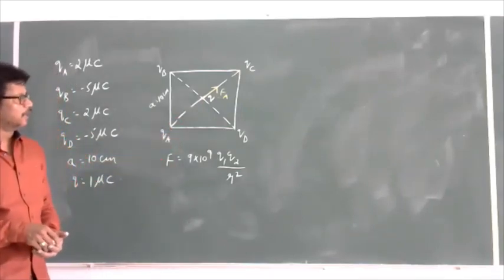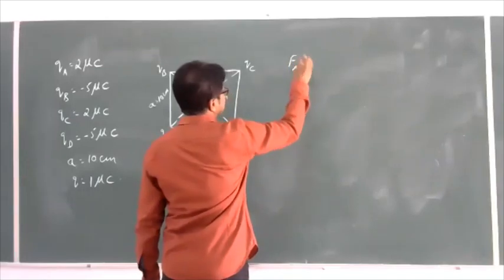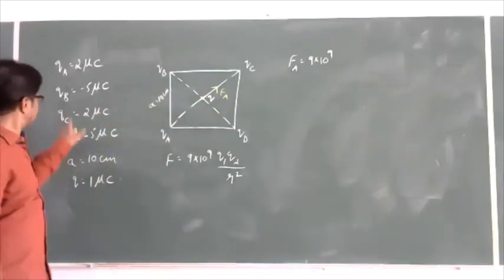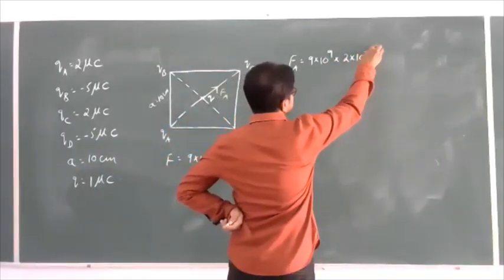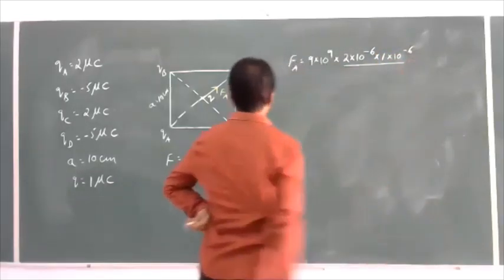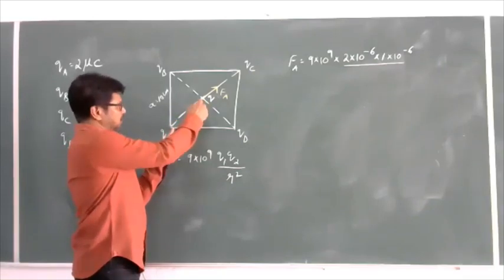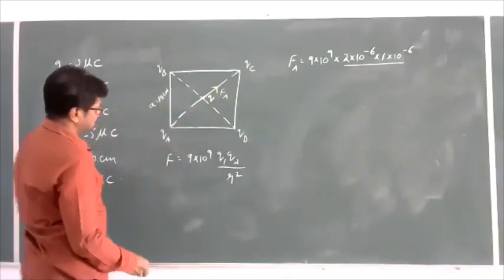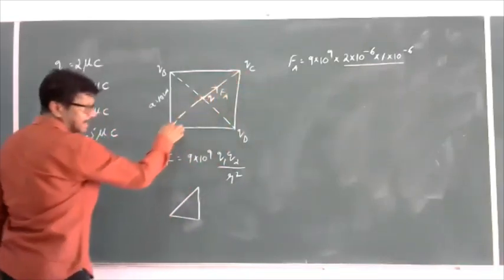Now what is the formula to find FA? FA is equal to 9 into 10 to the power of 9, QA is 2 microcoulomb, Q is 1 microcoulomb, divided by this distance, the distance between QA and Q. To get the distance, we'll take this right angled triangle.